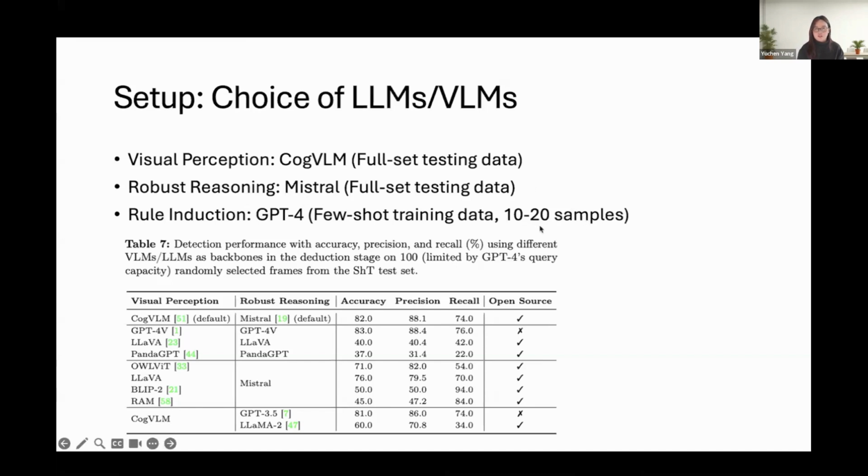I think less than $1 is enough for the rule induction stage. And for the deduction stage, which needs to iteratively cover all the testing samples, we use open source models without charge.